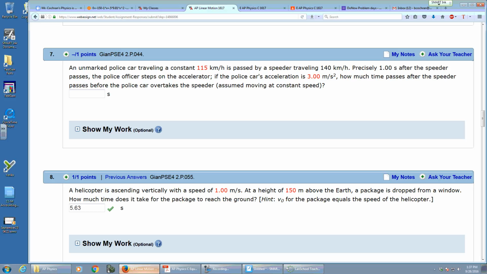So they want to know the time for the speeder, actually, right? How much time passes after the speeder passes before the police car overtakes them? So that would be the time for the speeder, not the time for the police. Oh, yep, sorry.